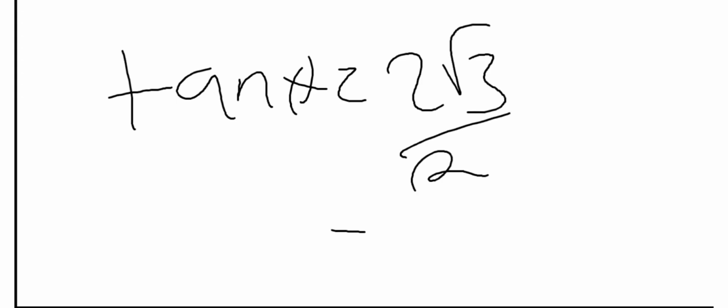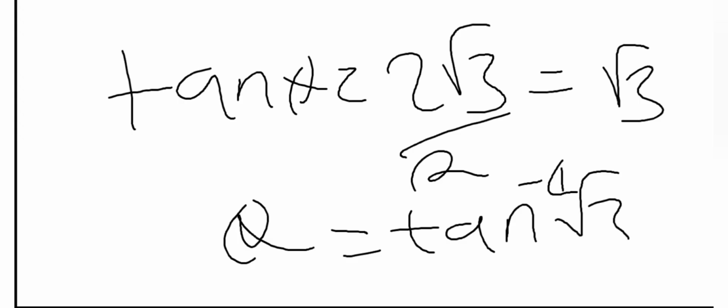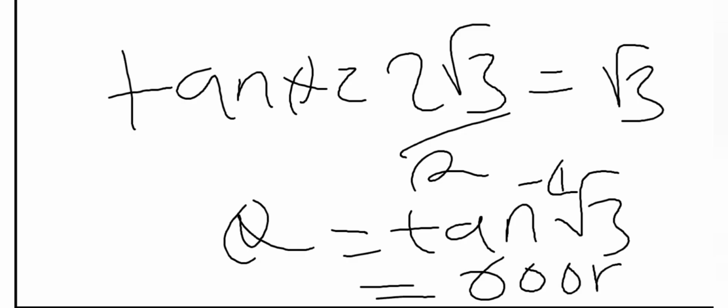In this case, tan theta equals 2√3 over 2, which is √3, so theta is equal to tan inverse of √3, which is equal to 60 degrees. When we convert it to radians, we have pi over 3. You can write whichever answer you are comfortable with.